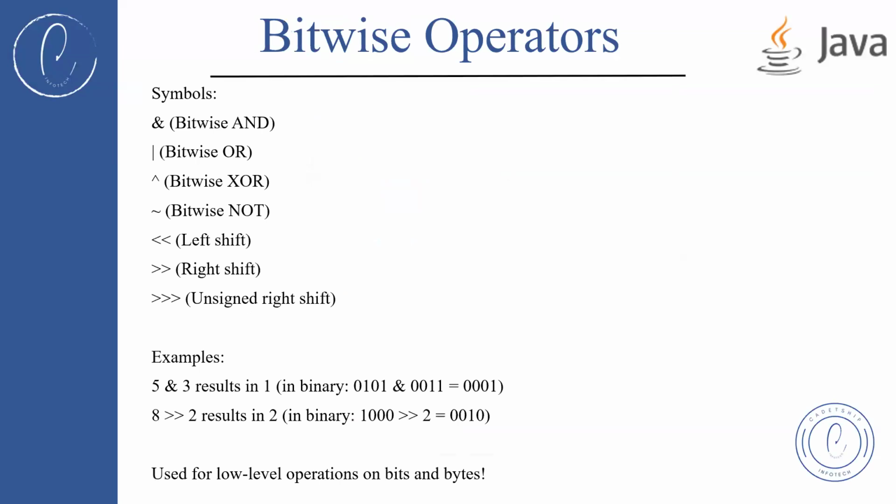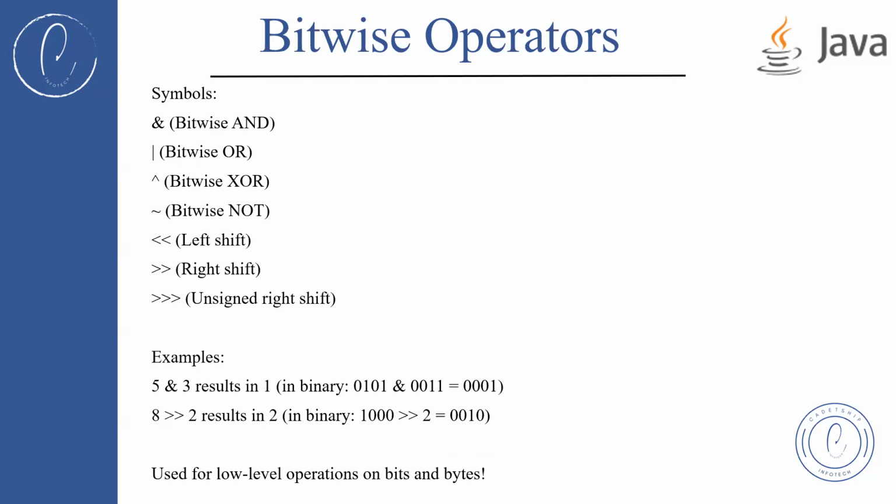Next, we have our bitwise operators. As we can see, bitwise AND and OR are somewhat like our logical operators, but they are different as they compare individual bits and also return the result as a bit. So here we can see bitwise AND, OR, XOR, NOT, left shift, right shift, and unsigned right shift. What does bitwise AND do?